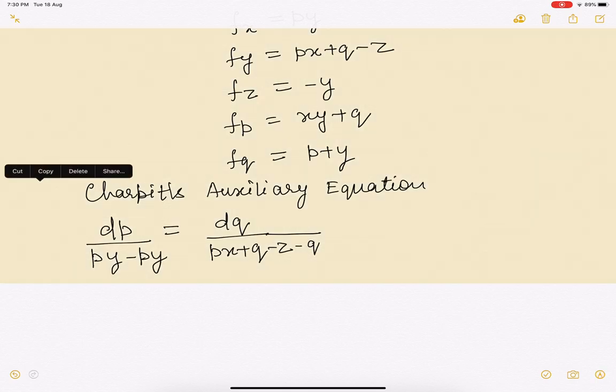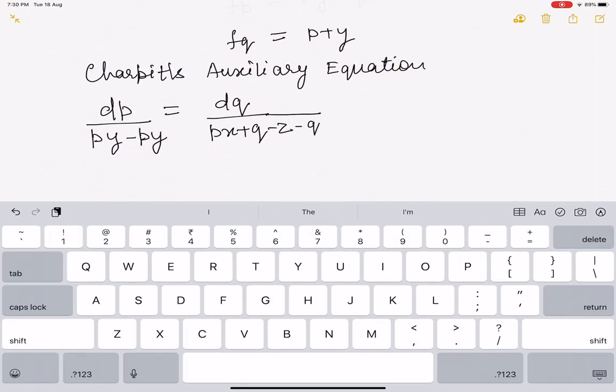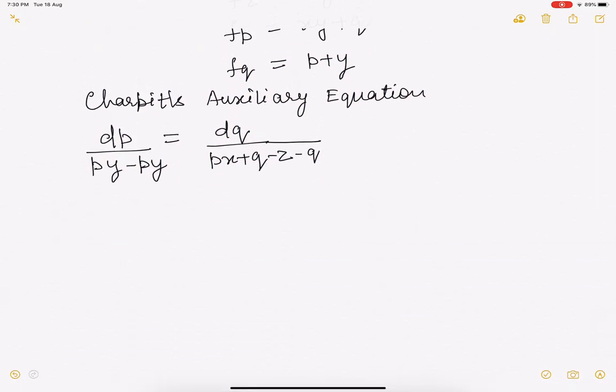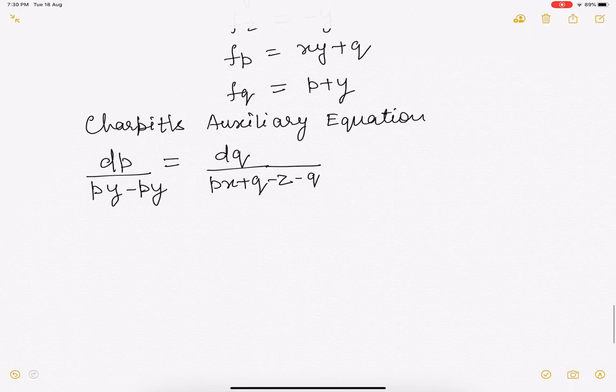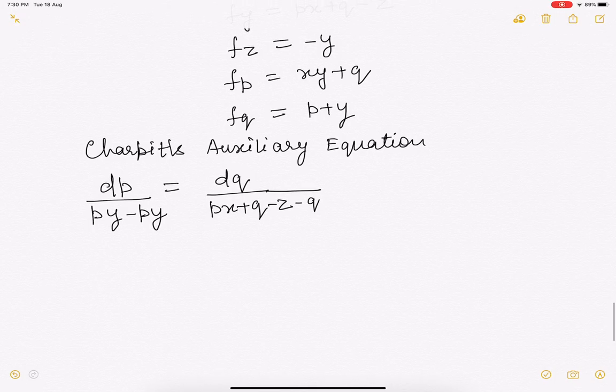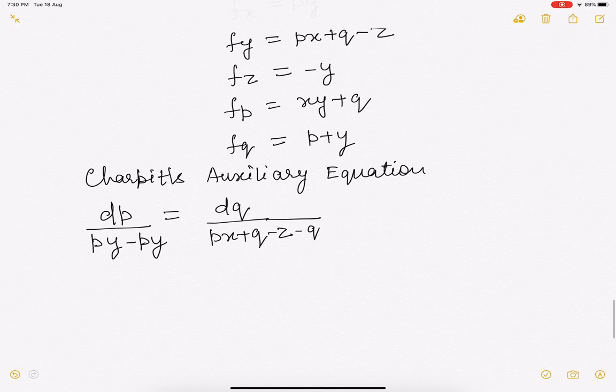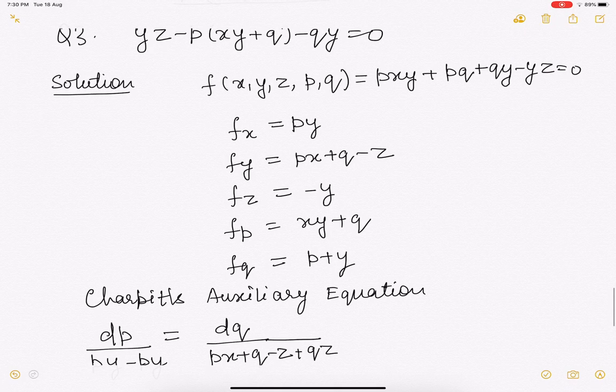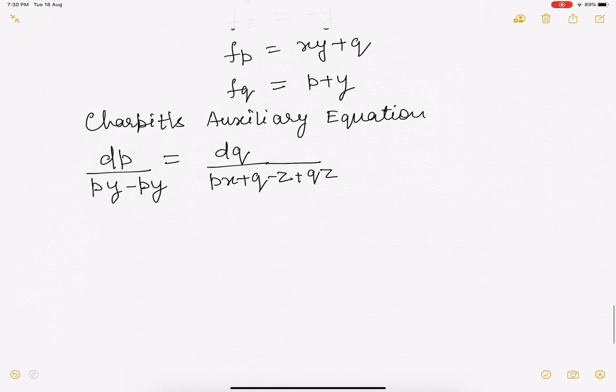So we have fy plus fz, so we have q times fz plus qz. Let us see what is fy. Fy is px plus q minus z.